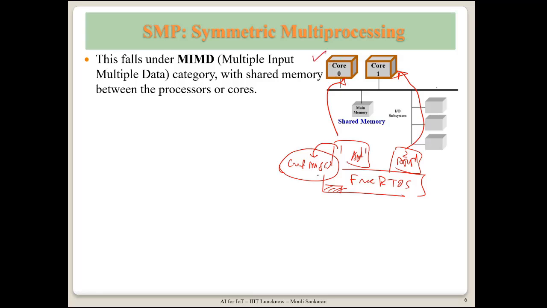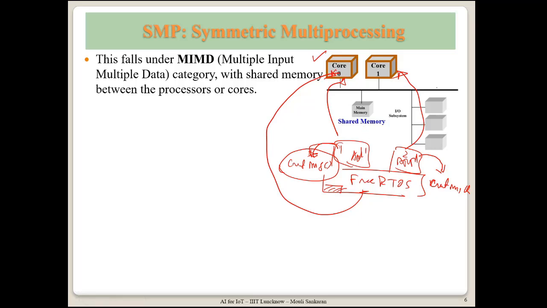FreeRTOS code will run on core 0 when an application running on core 0 is calling a system call which happens to be a FreeRTOS call. At the same time, application 2 running on core 1 could also call create message queue. There is no problem; I can create a message queue from both.